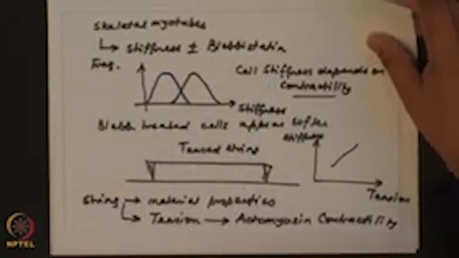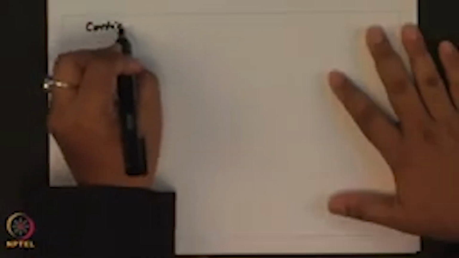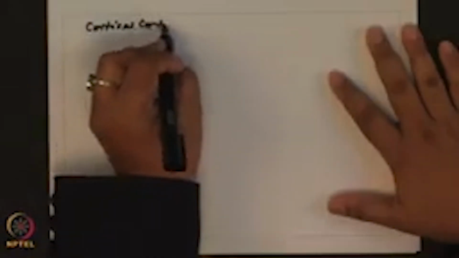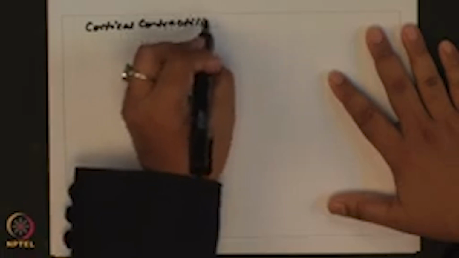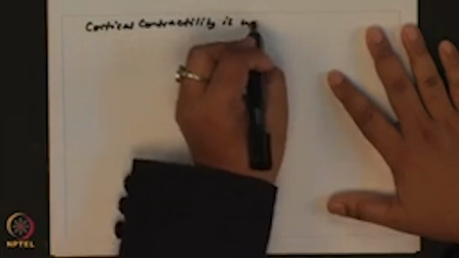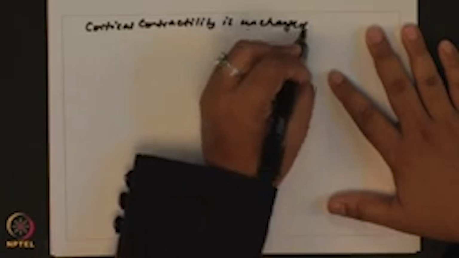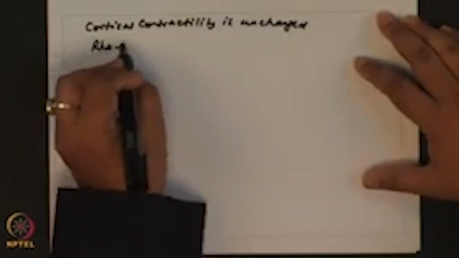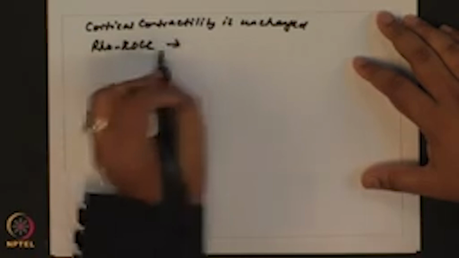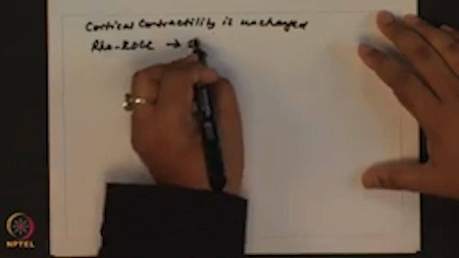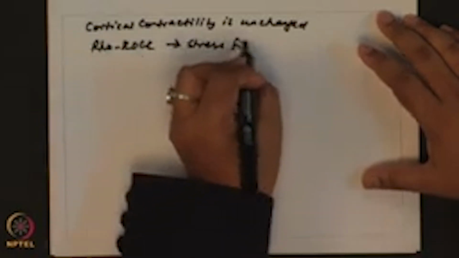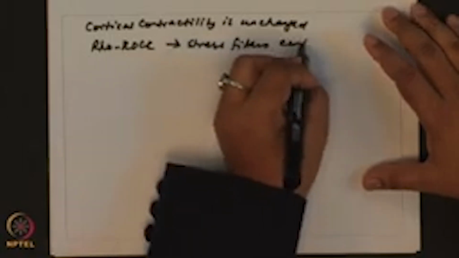So this suggests that in a sense you can get an idea of how contractile a cell is by measuring its stiffness. However, you will not see the effect of contractility on stiffness if your cortical contractility is unchanged, but you have upregulation of Rho or ROCK such that stress fibers are built up in the center of the cell.